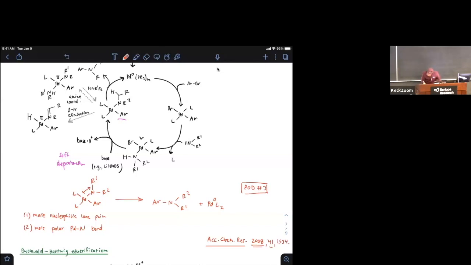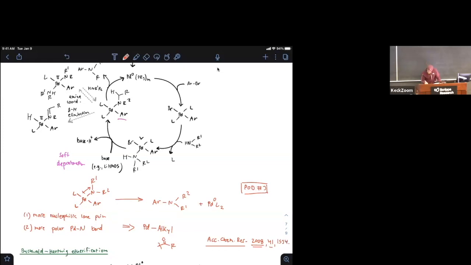So one of the ways that this has been approached is to look at the corresponding series of palladium alkyl complexes, where alkyl, for example, is the enolate type, where you don't have this convolution of lone pair effect and bond strength effect. You can just zero in on just the bond strength effect.